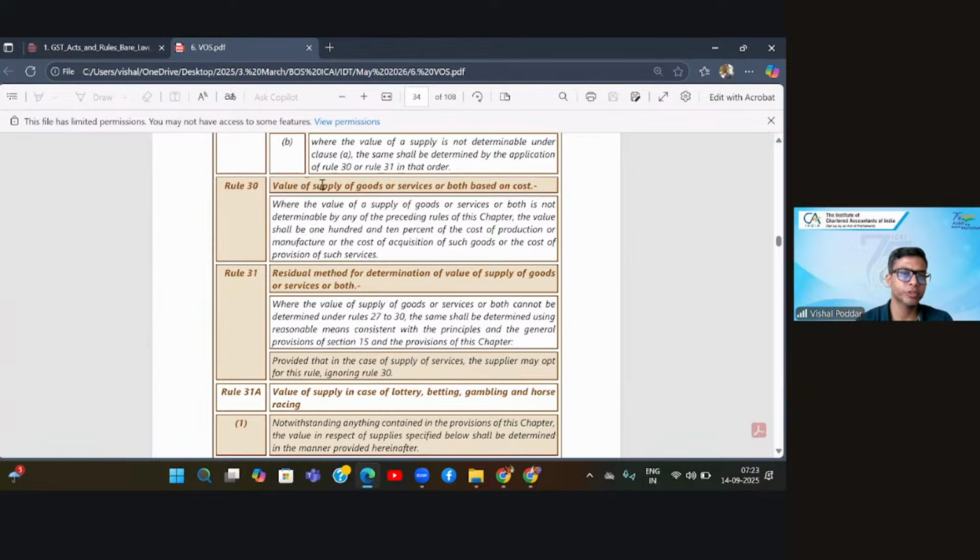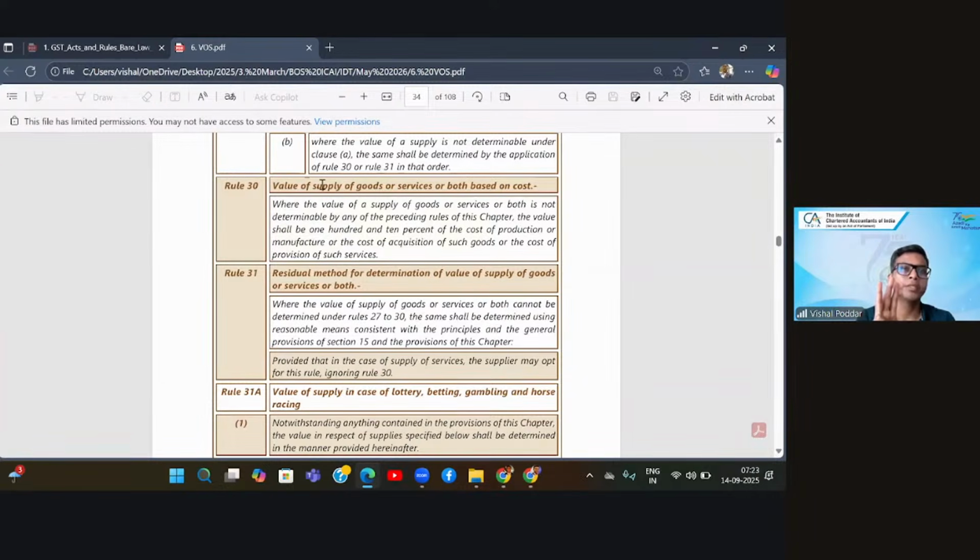Now these generic valuation rules help you to determine the value whenever 15(1) fails. And when will 15(1) fail? One, no value is there, that is, it is a free supply, a Schedule 1 supply. Two, buyer and seller are related.